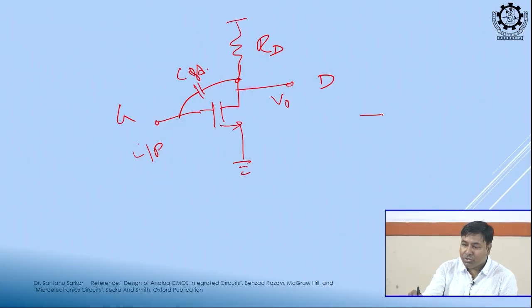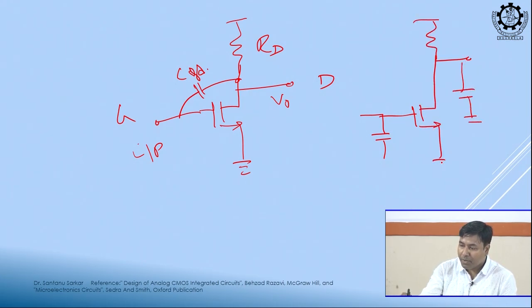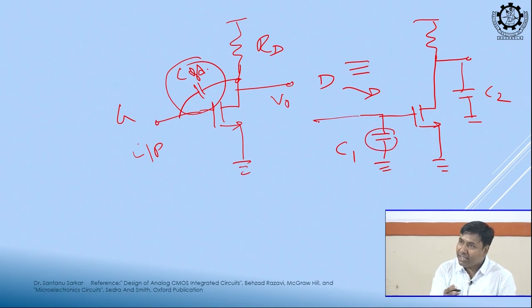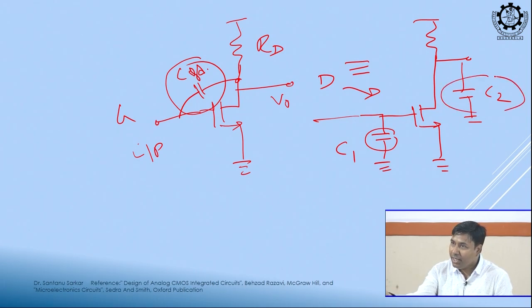So you can use Miller's theorem and break this capacitance like this, and your equation will be simplified. This CGD you can break like this, into input and output. So no connection exists between input and output, and your equation is not complex. Clear? So this will come into the input coupling cap, this will get plugged with the load cap, life is simple.